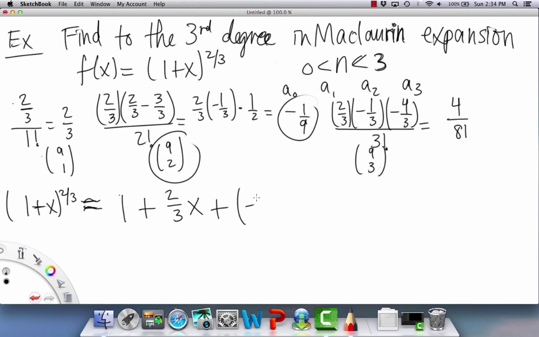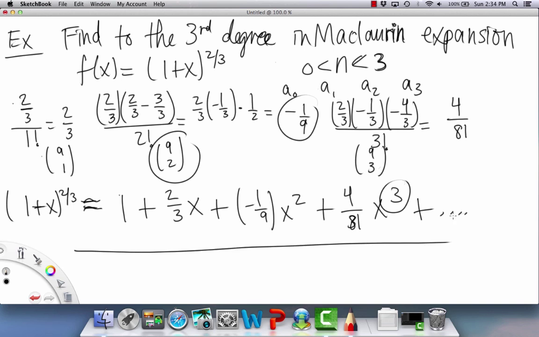So that'll be a negative 1 over 9 x squared, and then plus the third one, sorry, I was thinking of threes, x to the 3, and then plus so on and so forth. So we were just trying to find up to the 3rd degree, and we did. So that's it for that question.